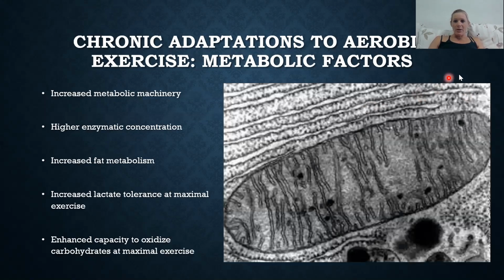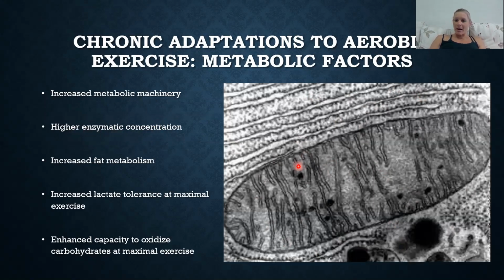Okay, so when we think about some of those metabolic factors, we're zooming in on what's happening within that individual cell. We'll see an increase in metabolic machinery, which means that we have more mitochondria and higher enzymatic concentration.